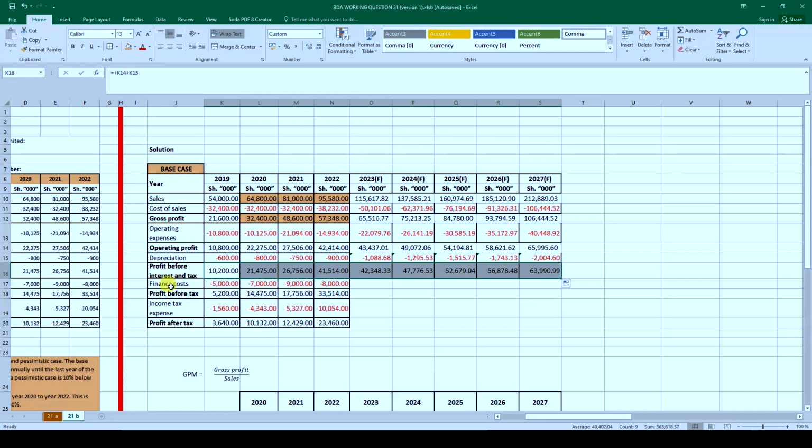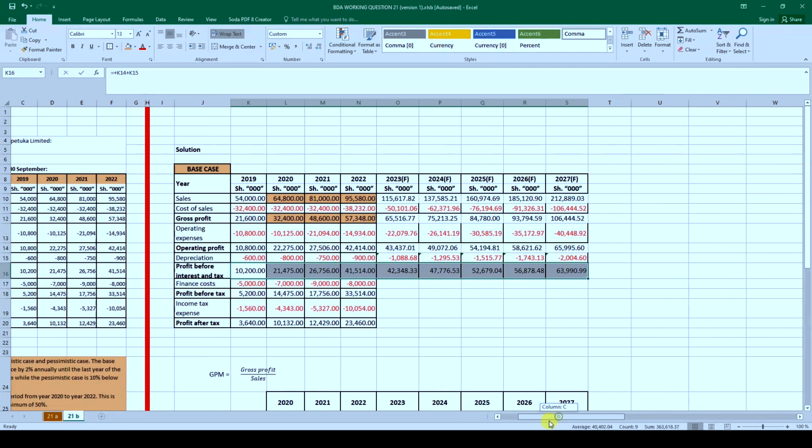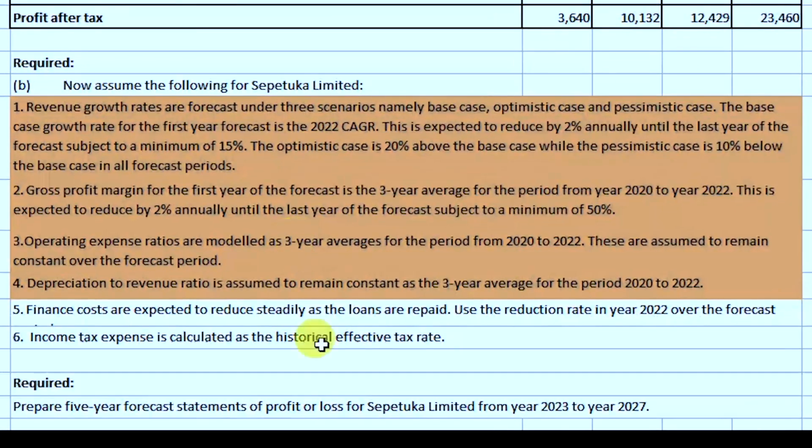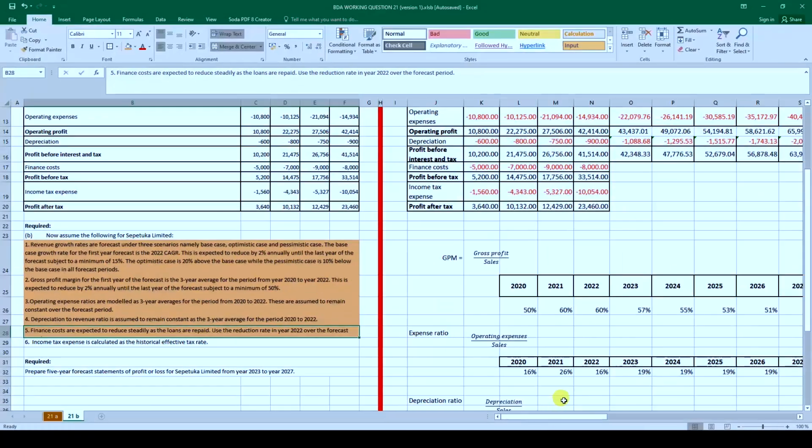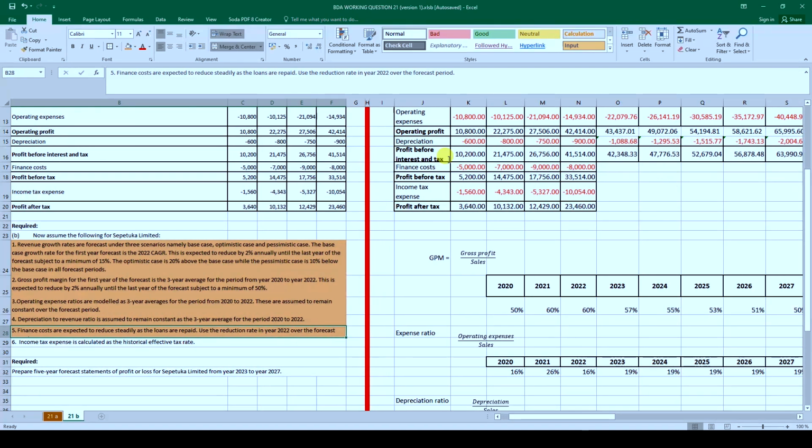How about finance costs, guys? Finance costs, let's look at what we're informed. Finance costs, I highlight. Finance costs are expected to reduce steadily as the loans are repaid. Use the reduction rate in year 2022 over the forecast. So how much it has reduced from the finance cost right over here, you see from the previous year it was 9,000, it has reduced to 8,000 like that.